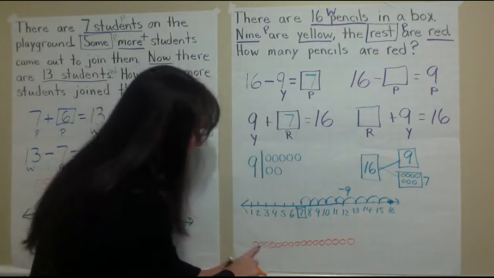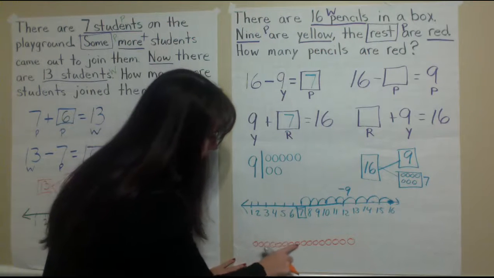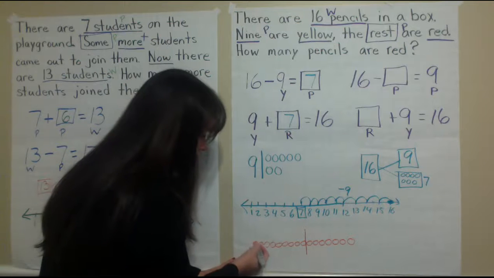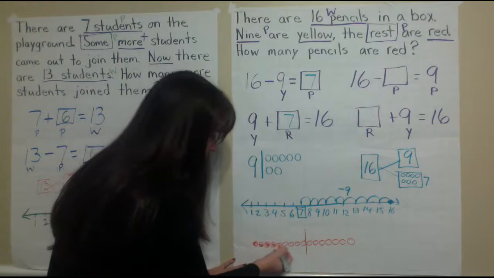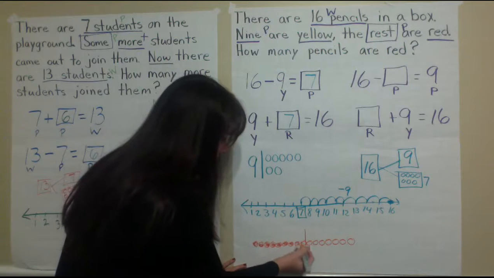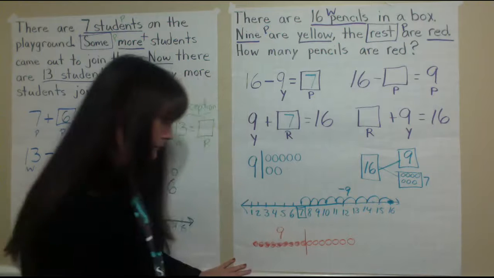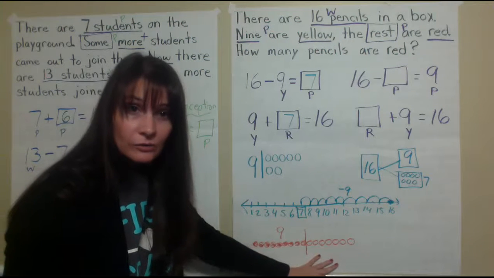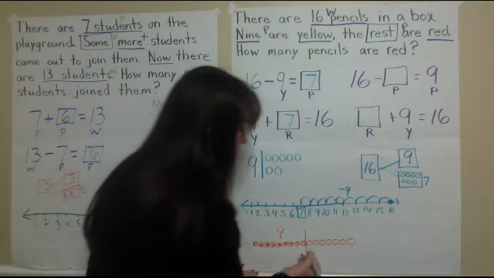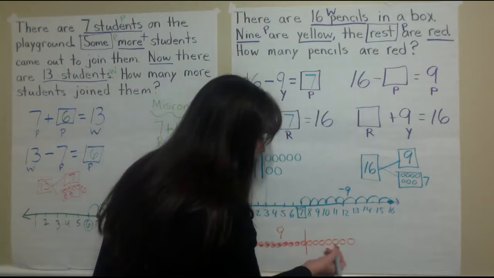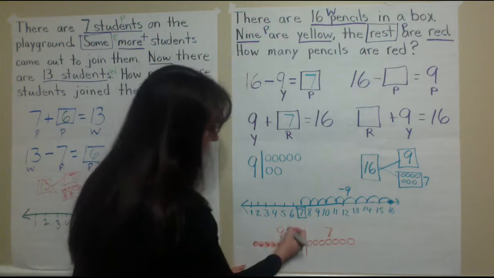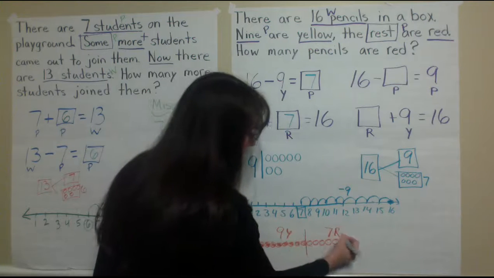So they did 1, 2, 3, 4, 5, 6, 7, 8, 9, and they drew their line. And I'm going to go ahead and color those in so we know that those are our 9. Then how many had to be the other color? 1, 2, 3, 4, 5, 6, 7. So that would be my 9 yellow and my 7 red.